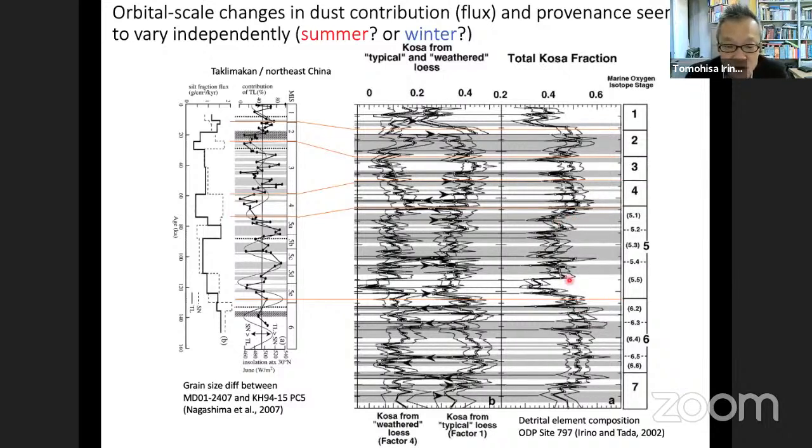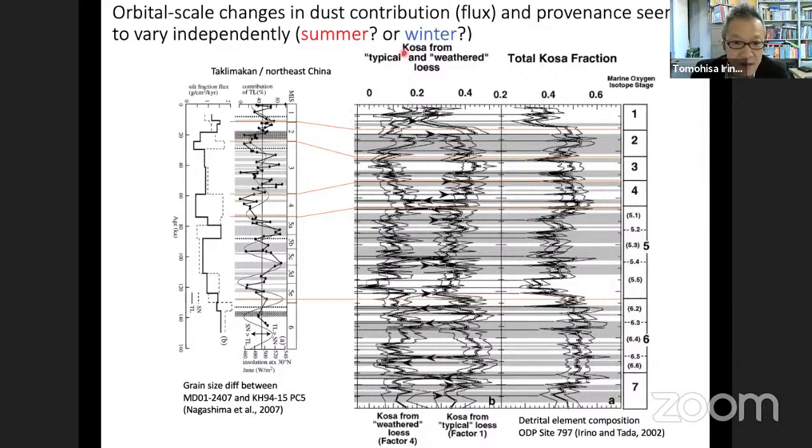But the compositional, grain size or provenance changes look like this, which shows 41K periodicity in another case, and this signal suggests the contribution from the Taklimakan or northeastern China provenance.